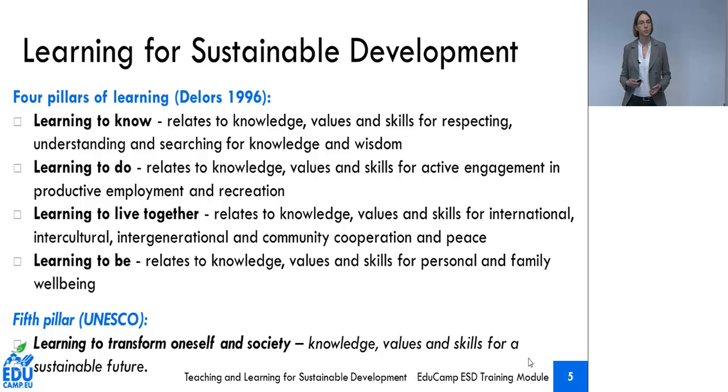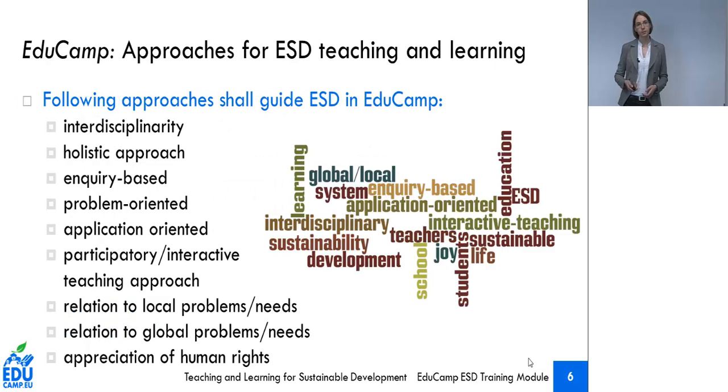This now relates to international, intercultural, intergenerational and community cooperation. Learning to be, it's about the knowledge and skills for your personal life and for your family well-being. And the last pillar, learning to transform oneself and society. This is really the knowledge, the values and the skills for achieving a sustainable future. So for yourself, but also for society.